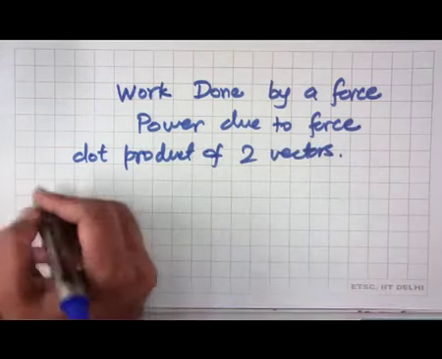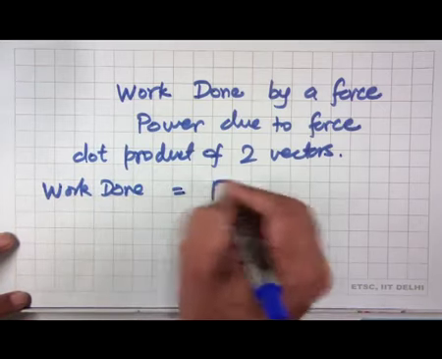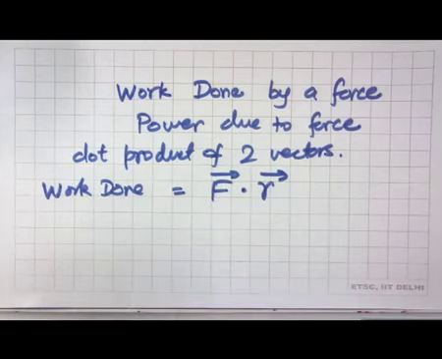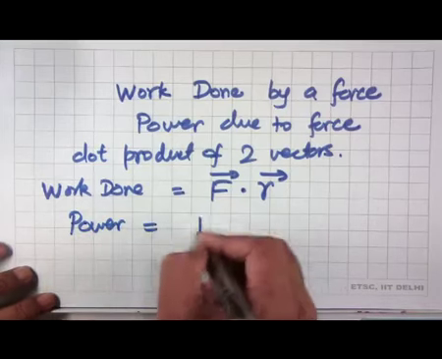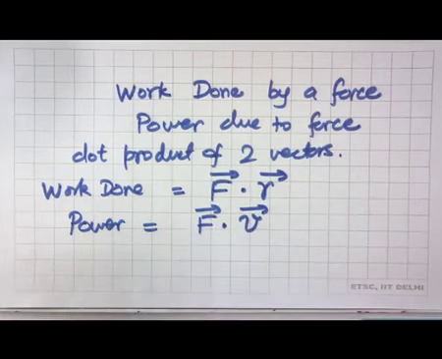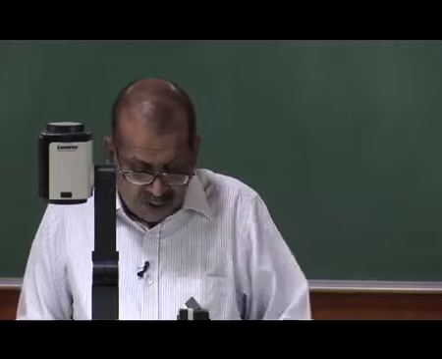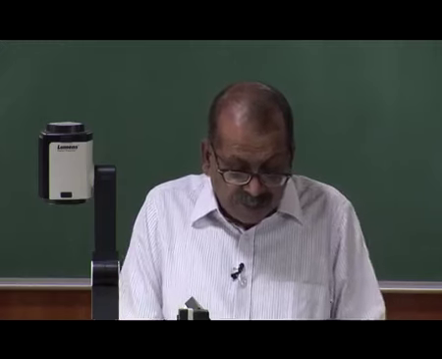For example, work done is defined as the dot product of force with displacement of the point on which the force is being applied, and similarly power is defined as the dot product of force and velocity of the point on which the force is being applied. This is how we will use dot products, and other quantities involving dot products will come in the course.